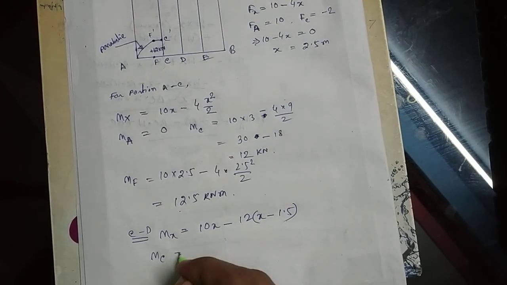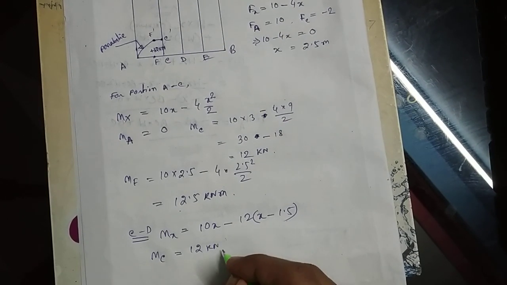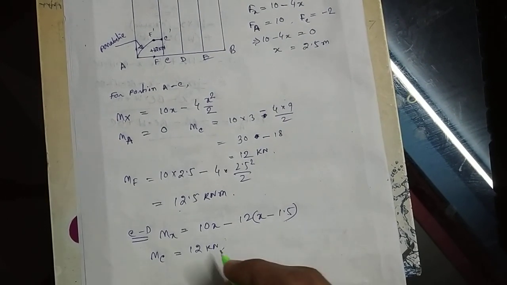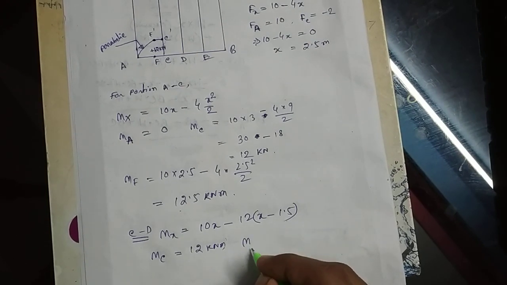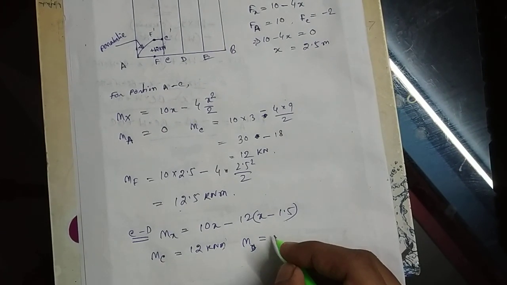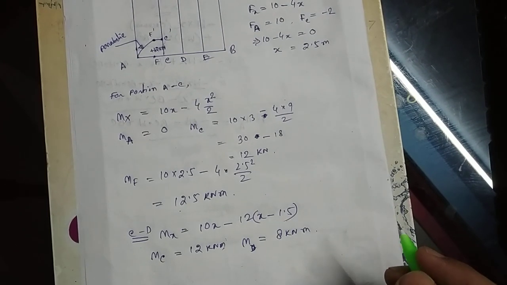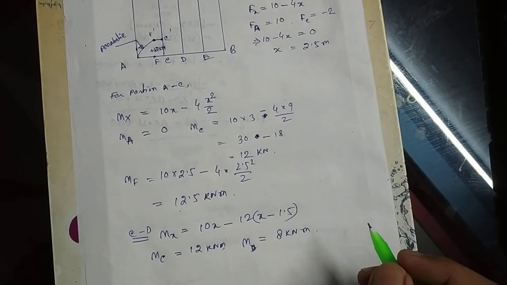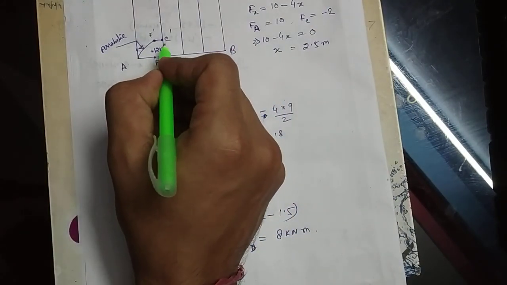So MC on calculation is 12 kilonewton meter. So it will be continuous, and M at D will become, at x equal to 5, 8 kilonewton meter upon calculation. So this will be reducing at a linear rate.